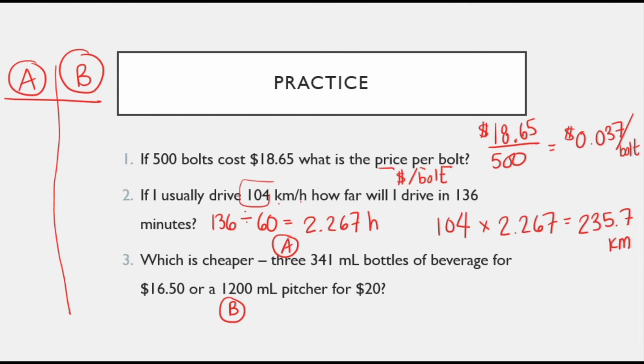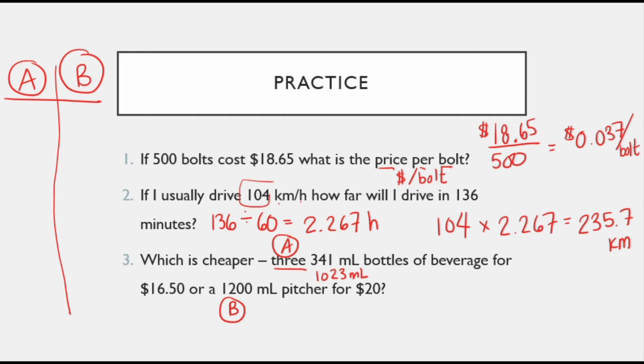I know that the lower price will be better, so we have to be careful. We have 3 times 341 milliliters of the beverage in situation A. We have to do that math first, and that gives us 1023 milliliters. And I'm asking how much it costs per milliliter.